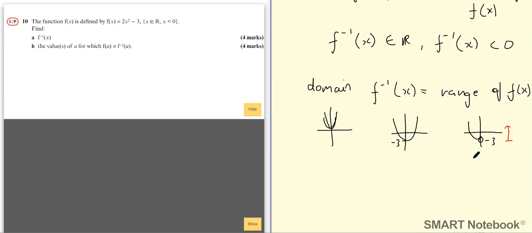So range of f of x is f of x is greater than minus 3. So therefore, the domain of the inverse is going to become x is greater than minus 3. Does that make sense? Can you please let me know in the chat?